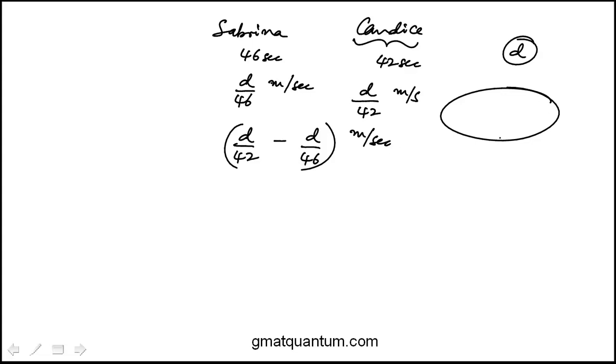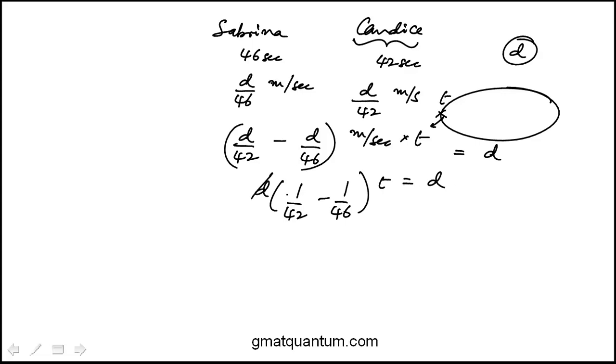And let's say they meet after time t. Then if I multiply this by t, the first condition I'm going to put is that Candace has gained one full lap, and we'll find this time. For example, I can factor out a D. You'll see the D term actually drops out. It doesn't really matter what the D is.